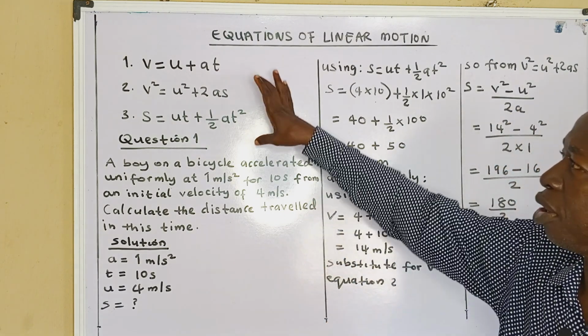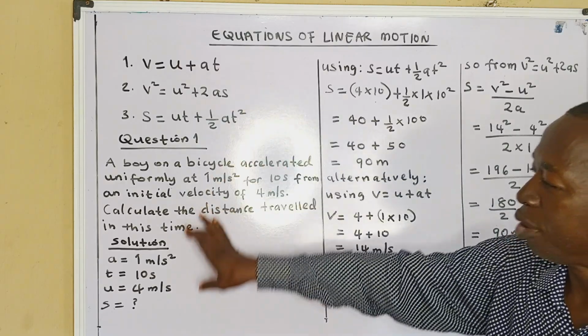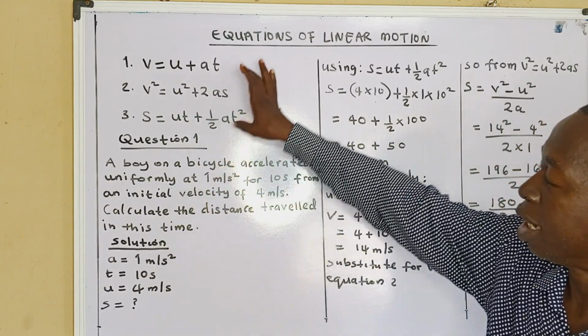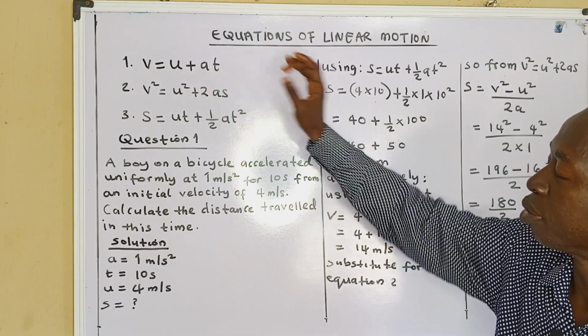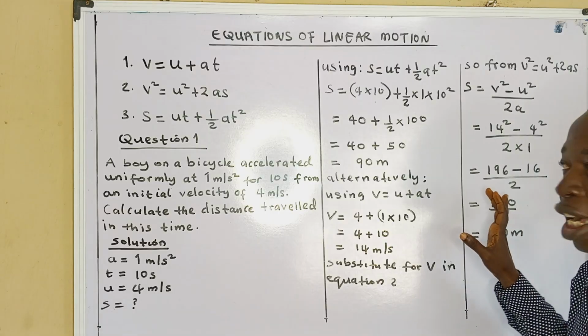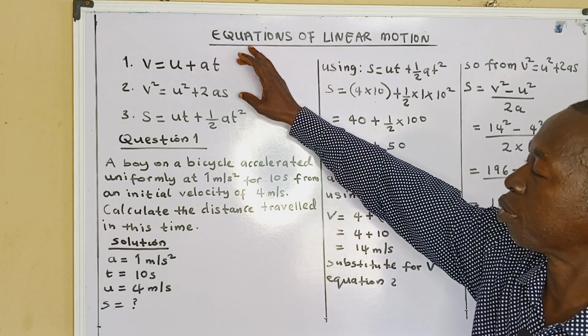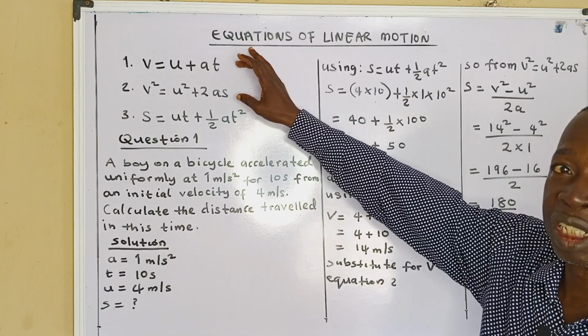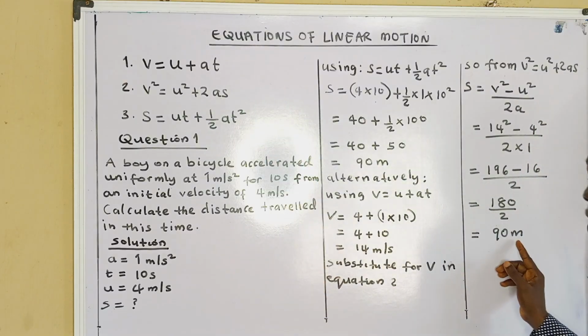Look at the equation that carries all the values you are given, and then go ahead and quickly solve for the unknown. But this other one that we just did is just for you to see that you can also use any of the two that we didn't use initially to also get the same answer.